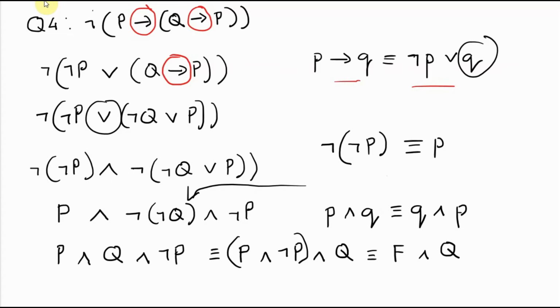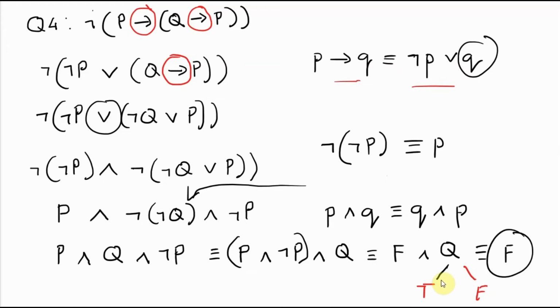Now if you observe, once again we have false and Q, and there are two possible values for Q. One is true and the other is false. These are the only two inputs we can give, and no matter what input we give, it is always going to be false.